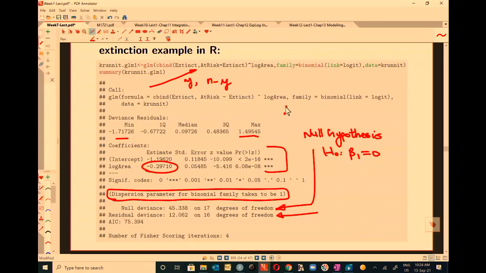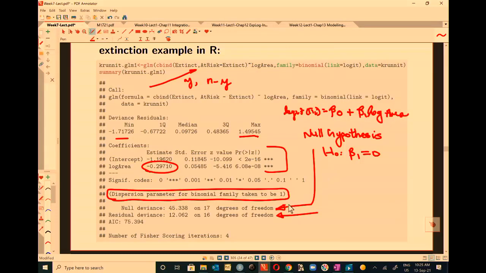So my model here is logit of pi i equals beta naught plus beta 1 log area. That's what this says.